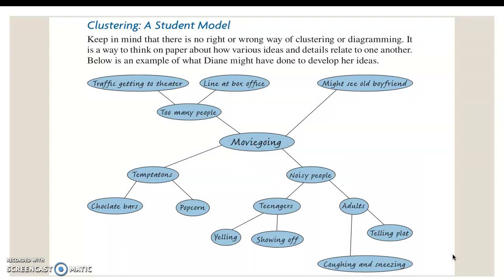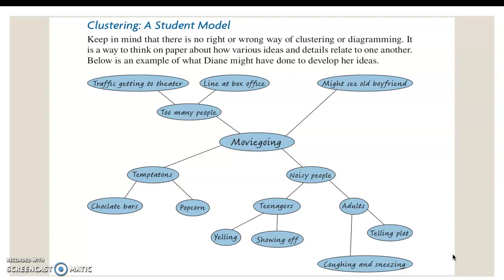But remember, I told you that clustering is something that I prefer because it organizes your thoughts. All right, it's easier because when you want to write an essay, you have to organize your points. You have to have topic sentences, supporting details. So when you cluster your points, it's already well organized and well thought.